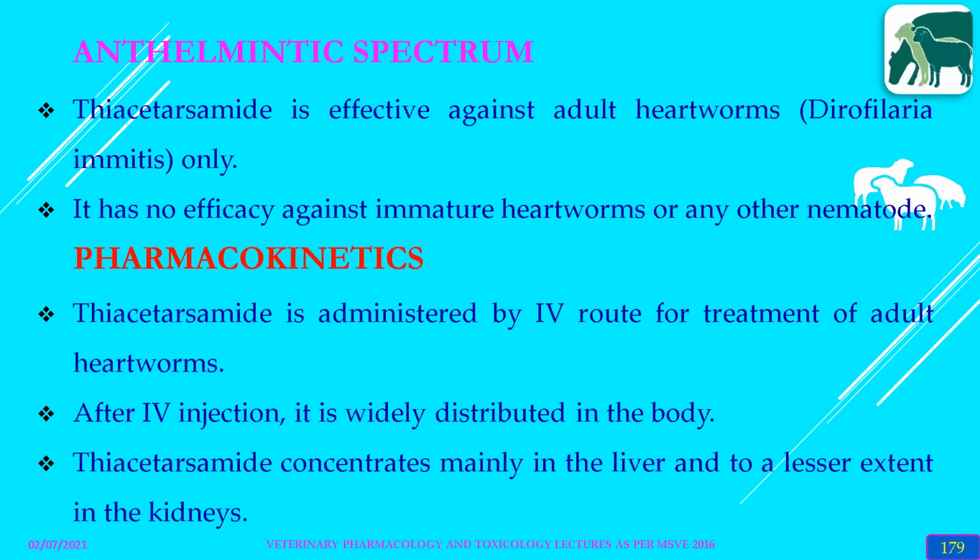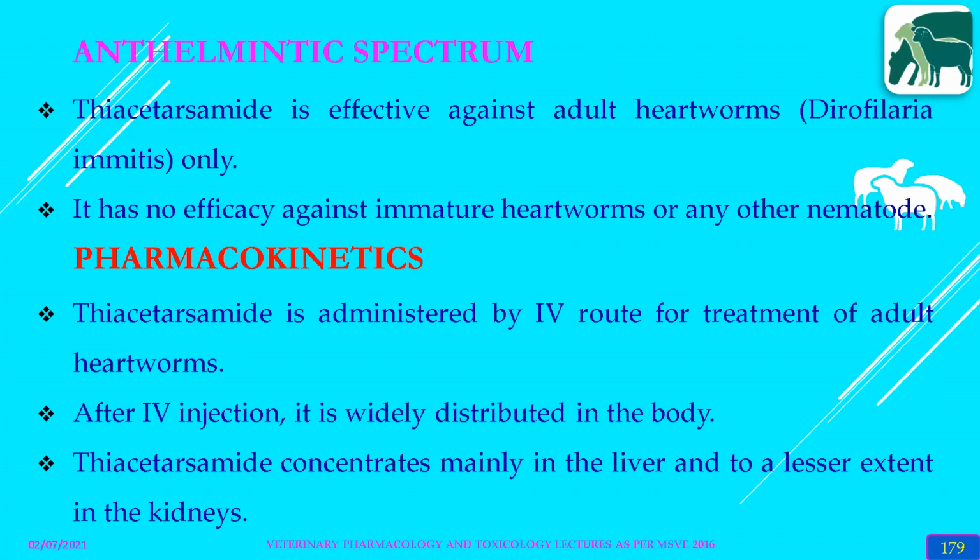Then thiacetarsamide is effective against the adult heartworms, especially Dirofilaria immitis. This is the heartworm. So it has no efficacy against immature worms, whereas it is only effective against the mature heartworms. It is administered by the intravenous route for the treatment of the heartworms.